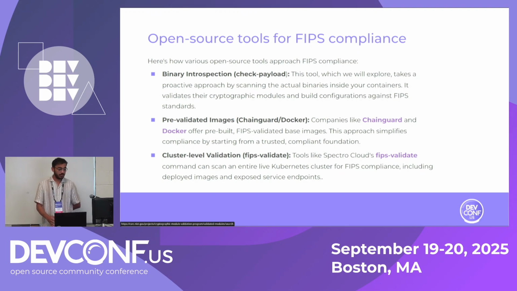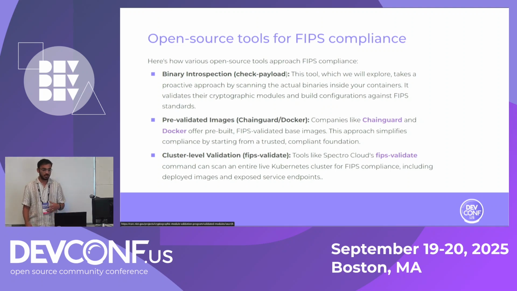So check-payload is one such tool that gives you static scanning capabilities, and it essentially takes a proactive approach by scanning the binaries in your containers and validates that your build configurations and crypto modules are up to FIPS standards. Then there are pre-validated images by companies like ChainGuard and Docker, and you could use those as base images for your container.